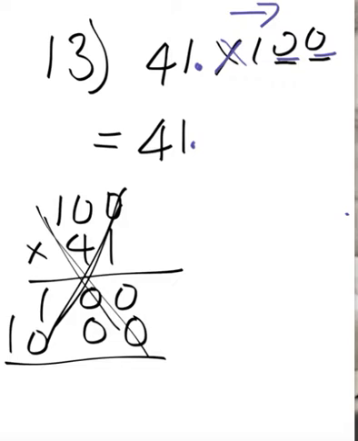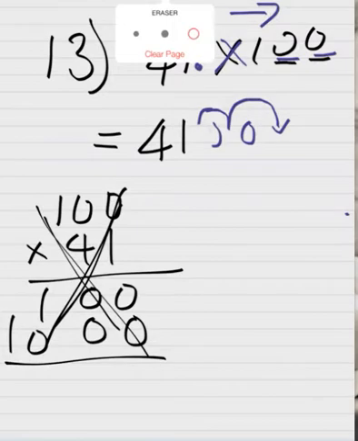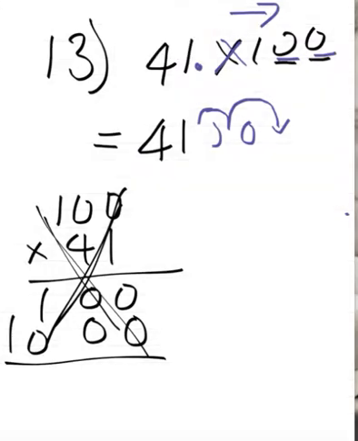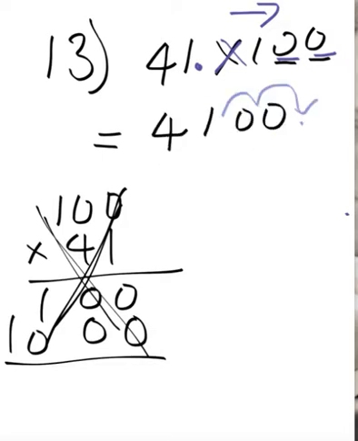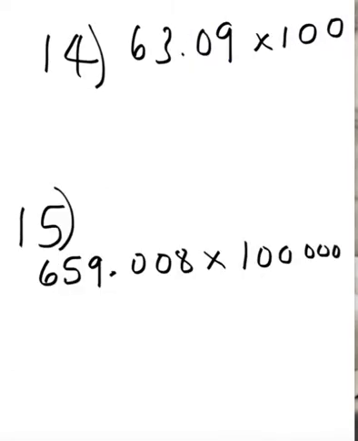It moves 1, 2 spaces, okay? And we put in zeros in those spaces. So we can rub off that decimal. And we can see how that decimal has moved, okay? And that's nice and easy.